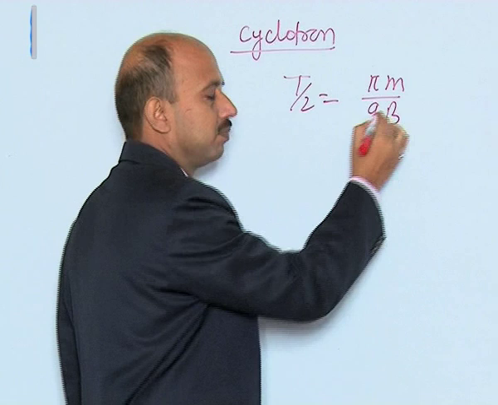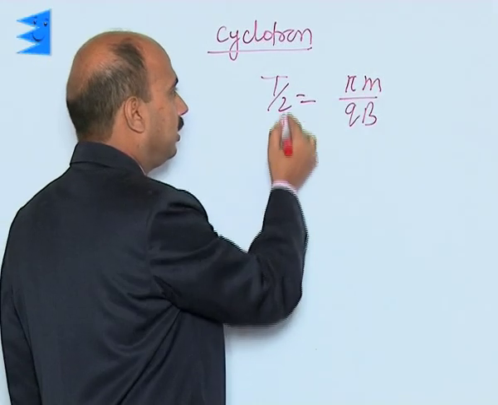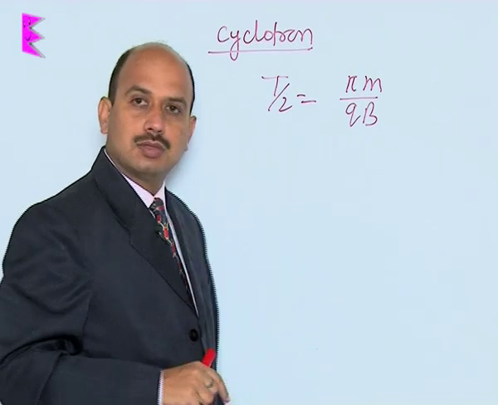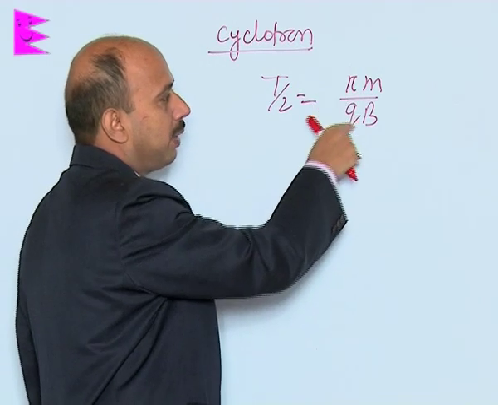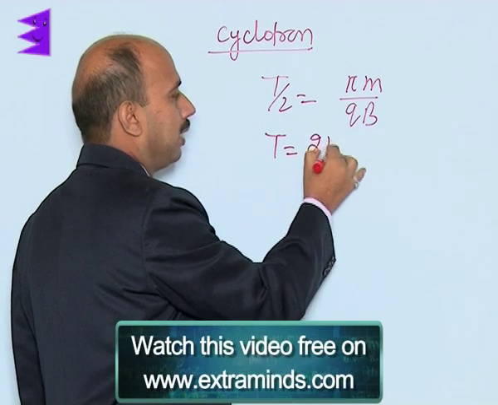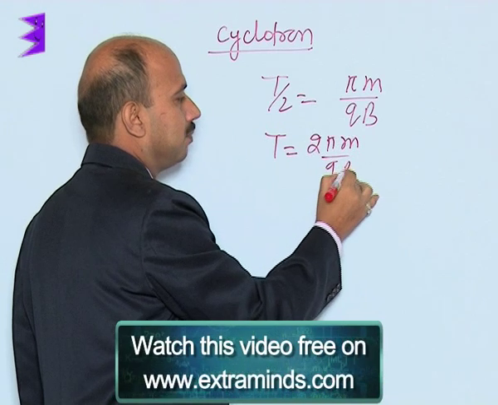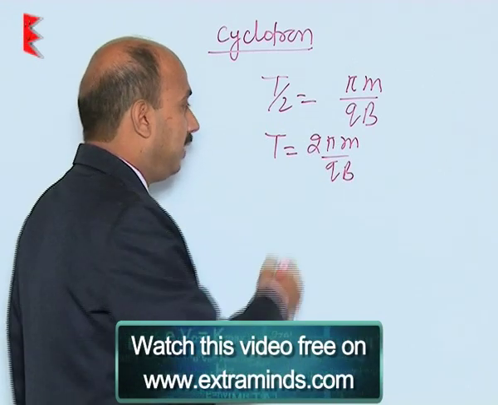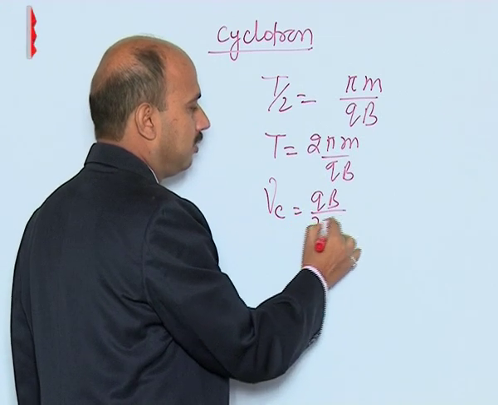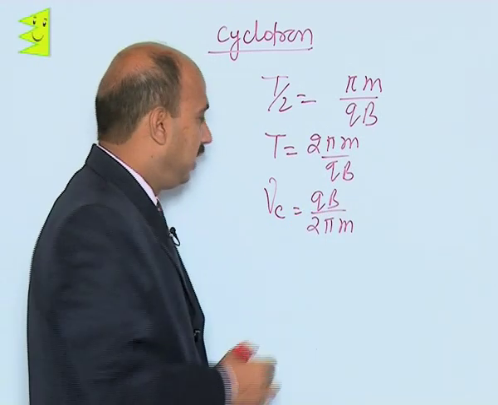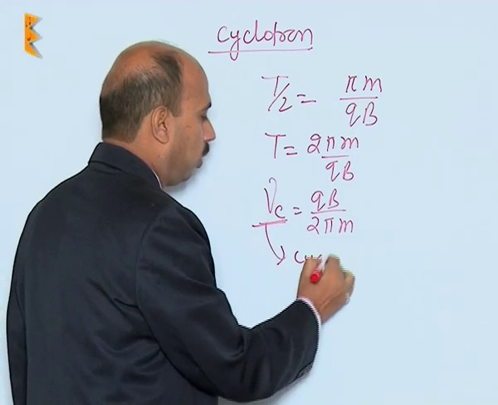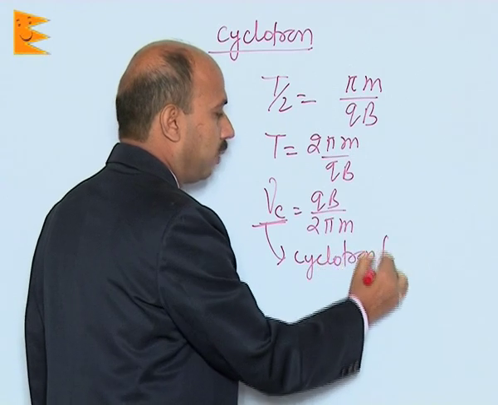T is the total time period for the circular path, and we have taken it for the semicircular path. So this is half of the time period, that is pi m upon QB, and we can write T is equal to 2 pi m upon QB. And the frequency can be written as nu c is equal to QB upon 2 pi m, that is the reciprocal of the time period. This frequency is called the cyclotron frequency.